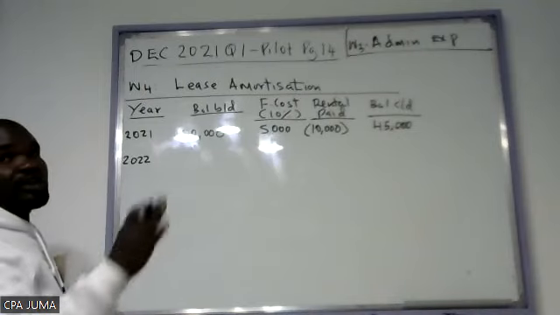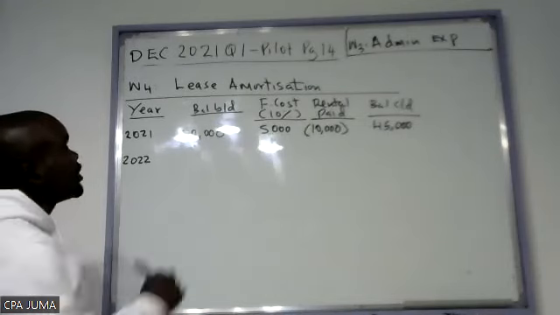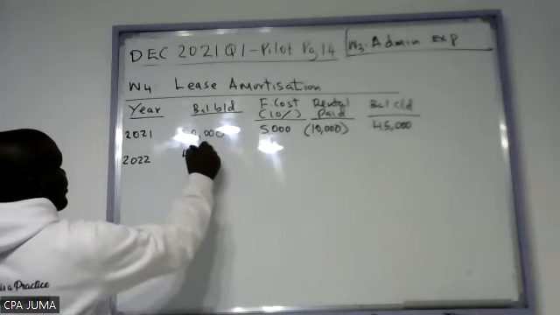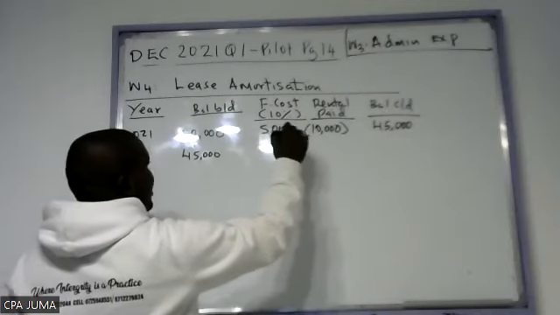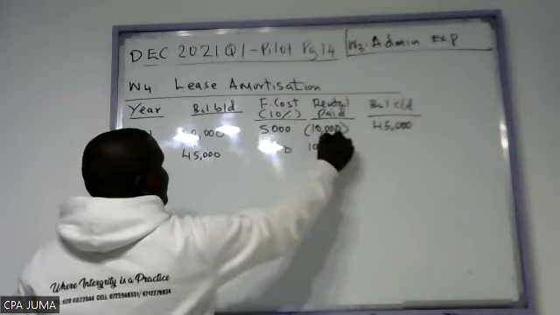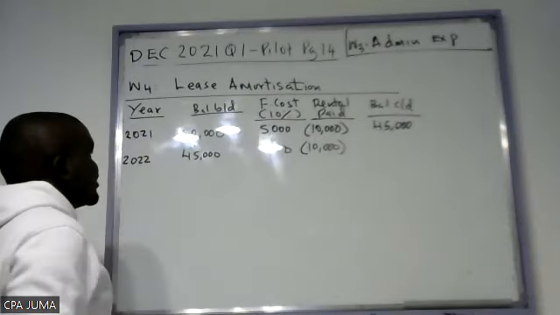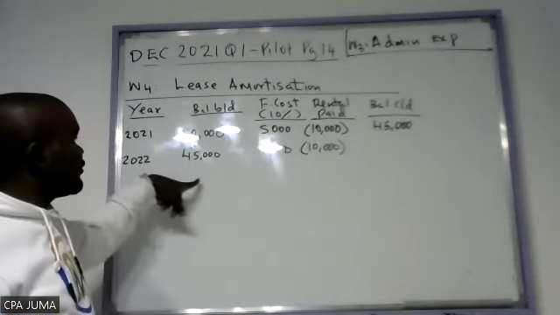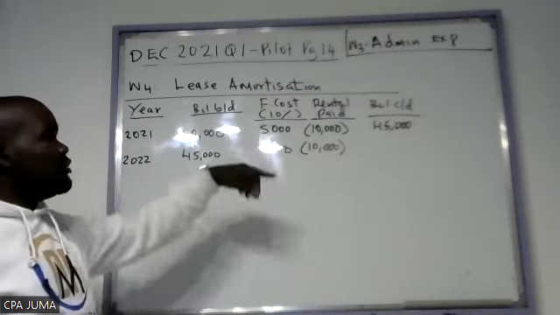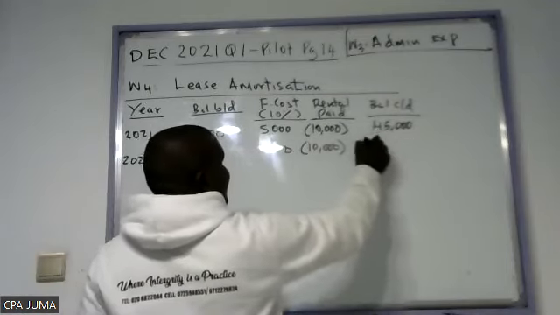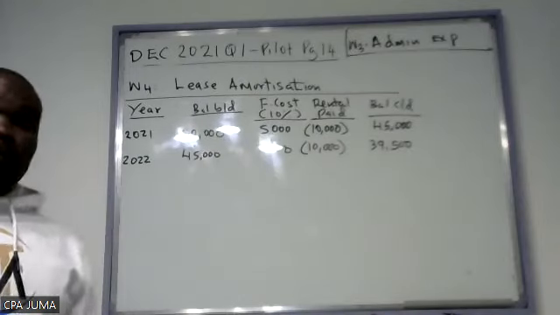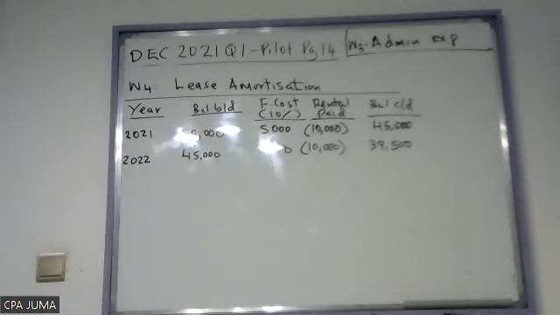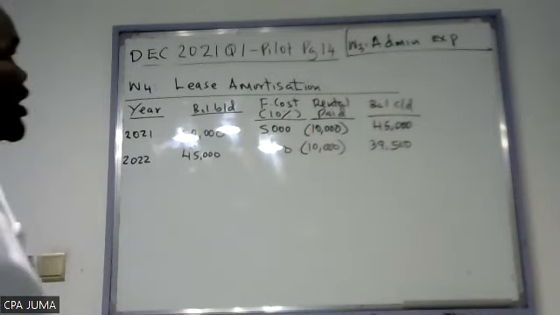Then in 2022, you can just go one extra year. You bring here 45, 10% is 4,500. We are paying 10. So this is 45, it will be 49,500 minus 10 will be 39,500. So now, there are 3 things you can get from here.